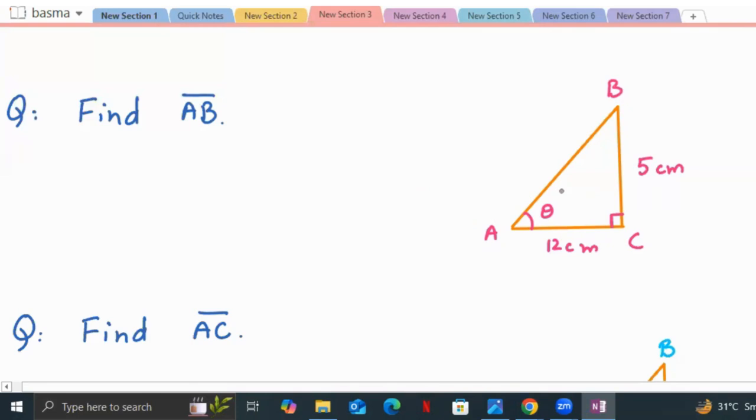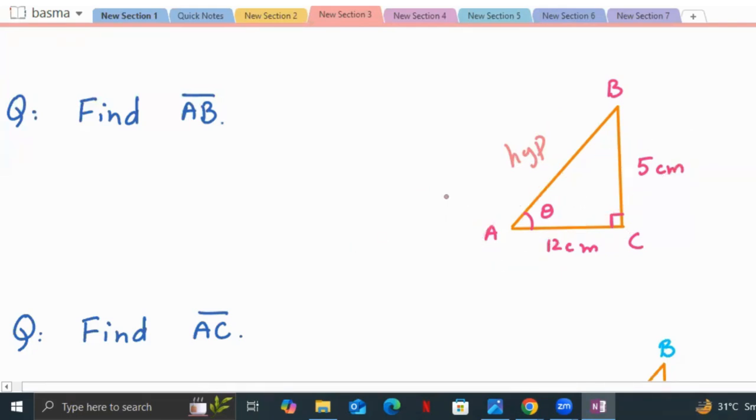So we have to find AB now. In AB, you see AB is the longest side because it is opposite to 90 degrees. So that is going to be the hypotenuse. And the rest of the other sides are AC is adjacent as it is between theta and 90 degrees. And 5 is opposite side as it is opposite to theta.